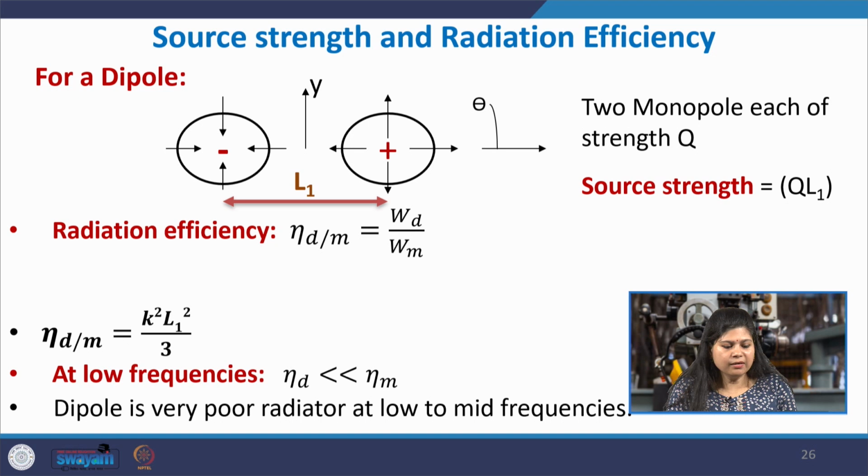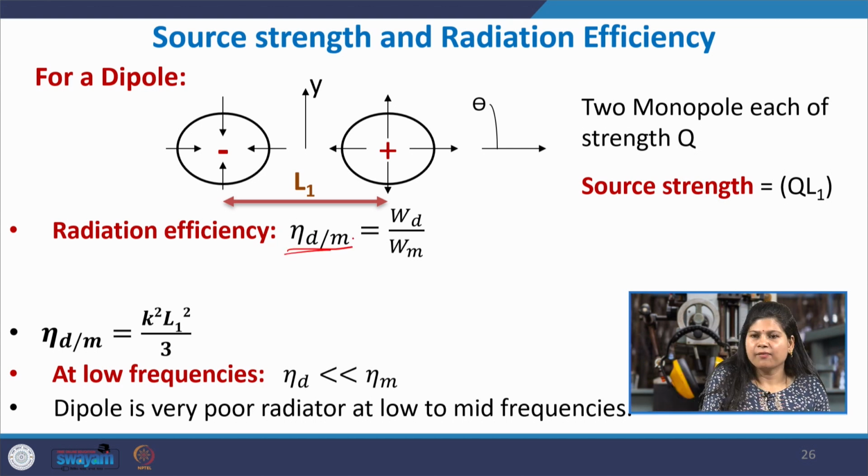Then if you calculate the radiation efficiency of a dipole with respect to a monopole, that is eta d with respect to m, we can directly compare, because both of them have the same volume velocity and the same vibration power. Then we directly compare the sound energy that is radiated by a dipole and its respective monopole.